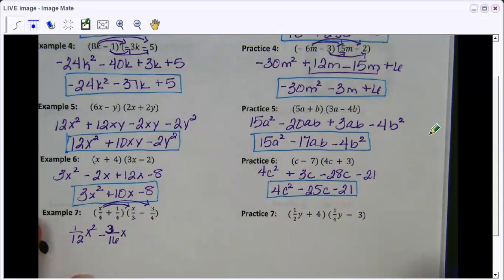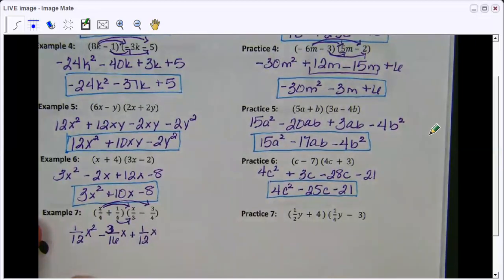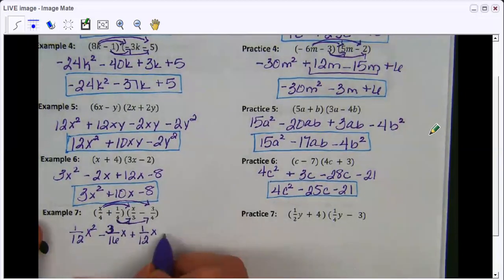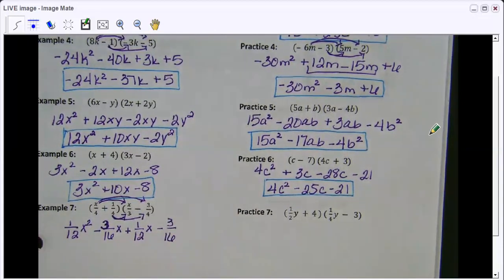Now we're going to do 1/4 times 1/3 x, and we'll get 1/12 x. Then we're going to multiply 1/4 times negative 3/4, and we get negative 3/16.